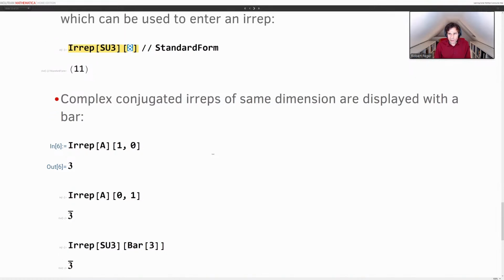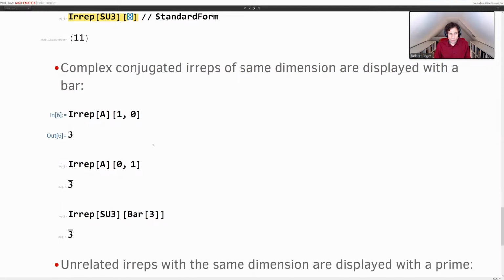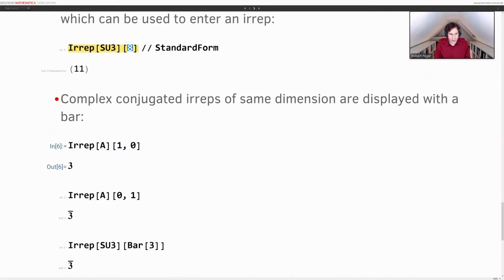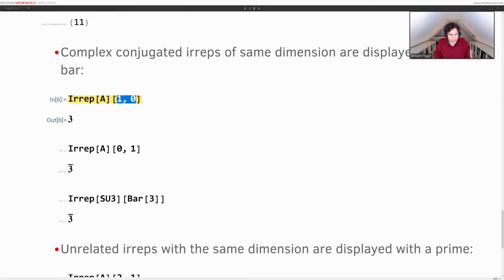So there are some representations which have the same dimension as others, and especially for complex representations, you have one which is related. You have, for example, the triplet of SU3, which is the 3 of SU3, and you have the complex conjugate, so the anti-triplet, which is this one here with the Dynkin label. This here is unique. So here it's the 1, 0, and this is the 0, 1.